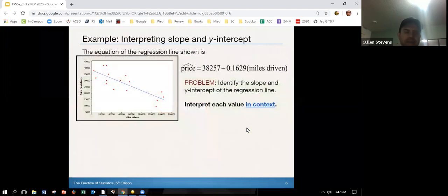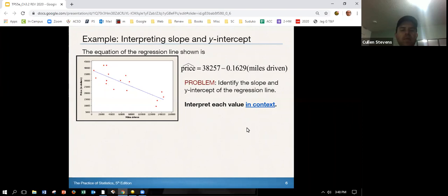Here we have an example of that relationship between miles driven and the price. We've already found the regression line for you. A little bit later, we'll talk about how to do it. So what we have here is the predicted price is equal to 38,257 minus 0.1629 times the miles driven.